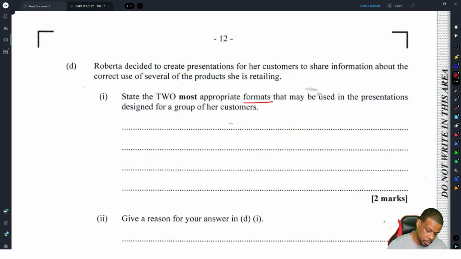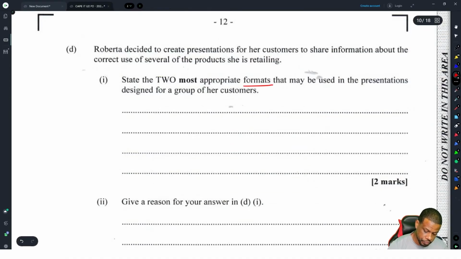The 2 best formats should be videos and graphic designed flyers, or flash images.